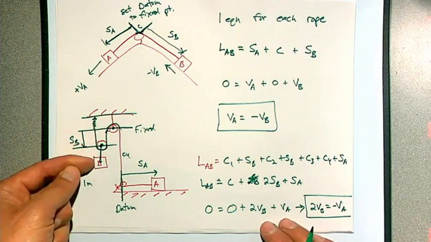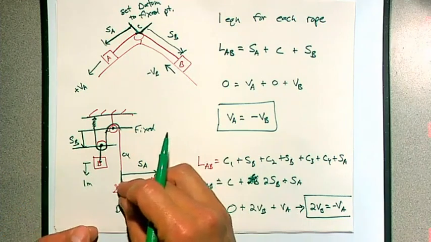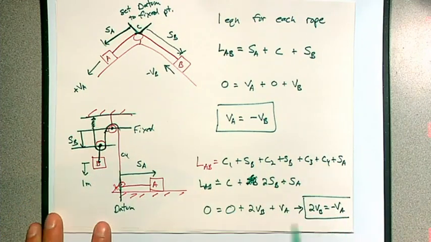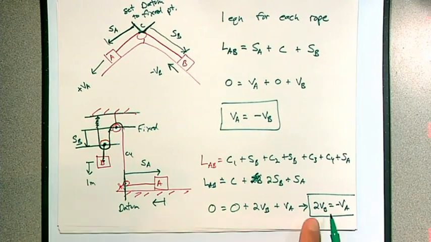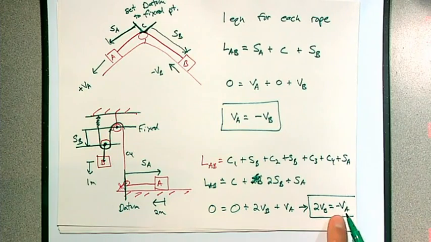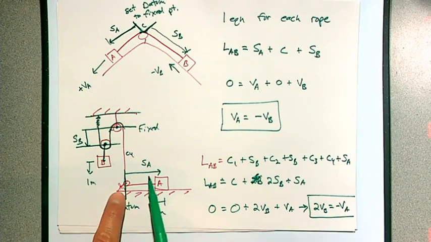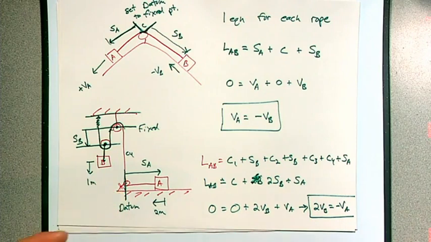So as B moves down, it's pulling cable, so A has to slide the other direction. How far does it go? If VB is 1, VA is 2 meters. And its direction, negative. Well, hey, I referenced SA positive to the right, so negative will be to the left. And like, yeah, that's what it's doing.